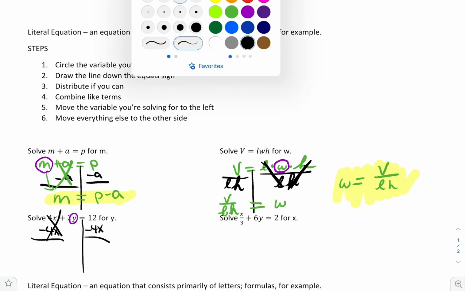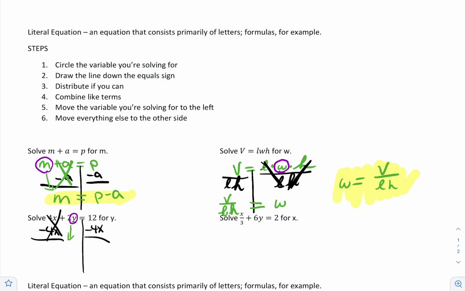By subtracting, we're left with 2y is equal to, now 12 and negative 4x are not like terms, so we don't need to try to combine them in any sort of way. So we just write negative 4x plus 12.